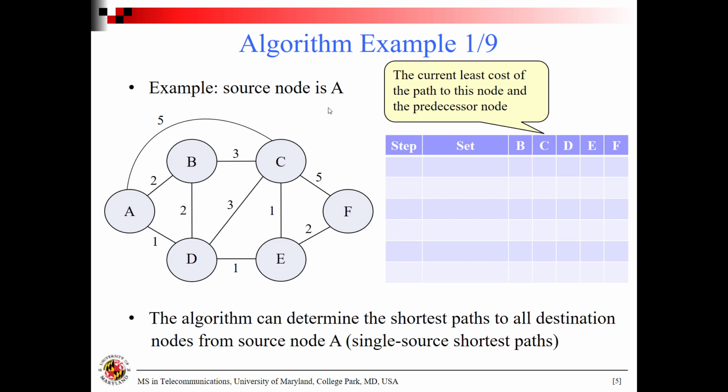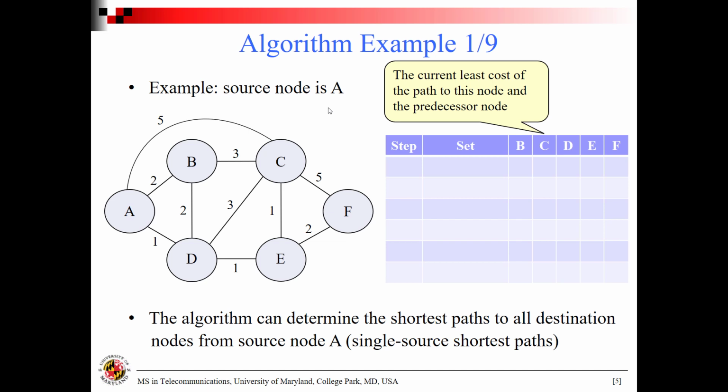So we will assume that we are sitting inside of node A and have this global view of the network and calculate the shortest path to all destinations from the source node to the other nodes, let's say node B, C, D, E, and F in this particular case.